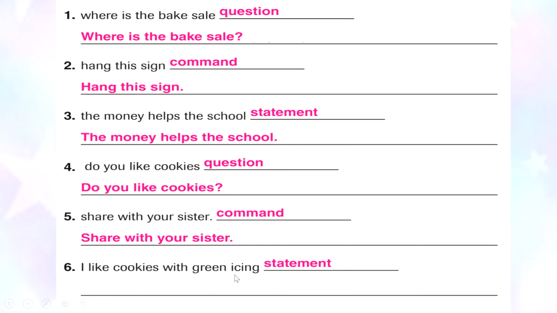I like cookies with green icing. It tells something. So it's a statement. Of course, you write I the correct way, okay? This is just the font on the book, but we gotta write it well. And it ends with a full stop. Every statement ends with a full stop.